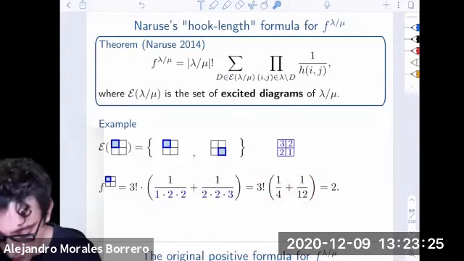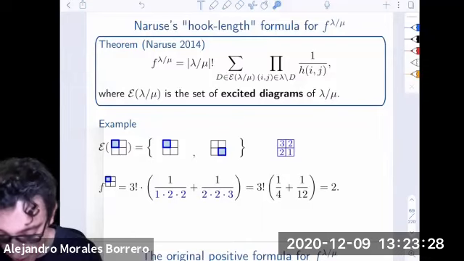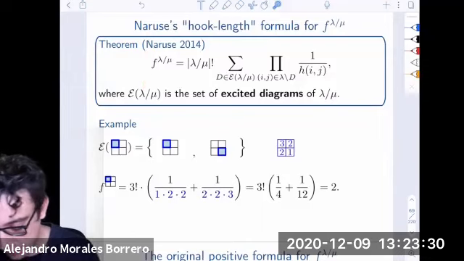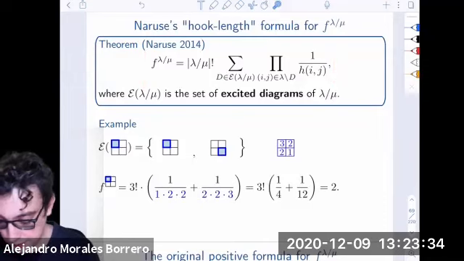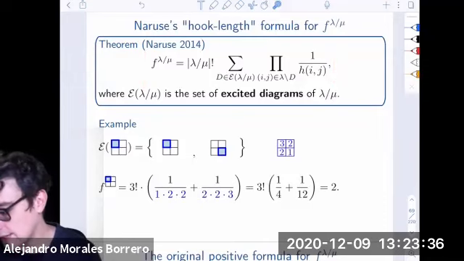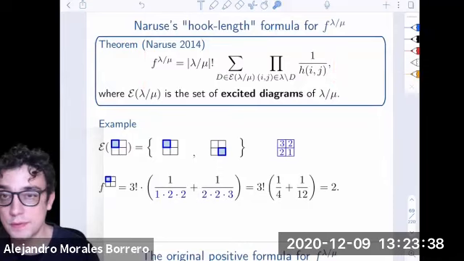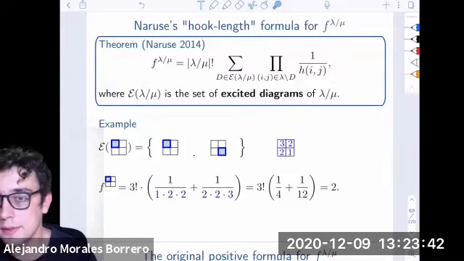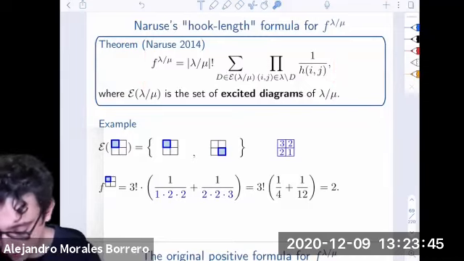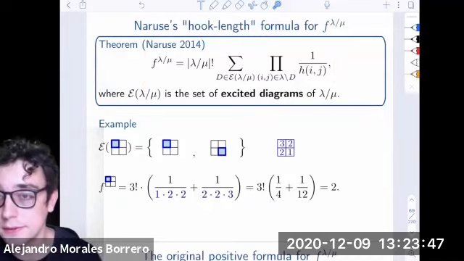We have several proofs of this formula with Greta and Igor. There's also a proof by Matias Konvalinka, but there's nothing as nice as the probabilistic proof or the bijective proof of Pak-Stoyanovsky. So that's kind of missing somehow. Does that answer your question?